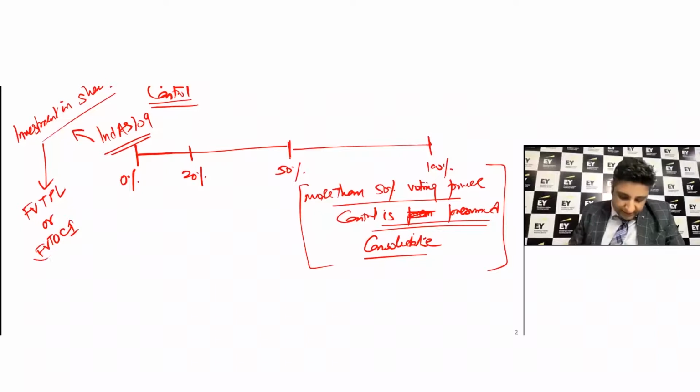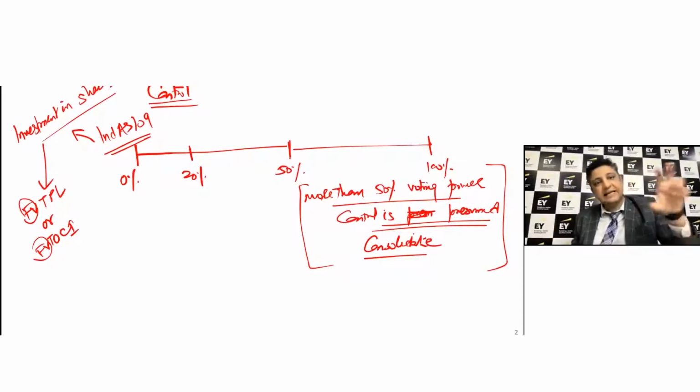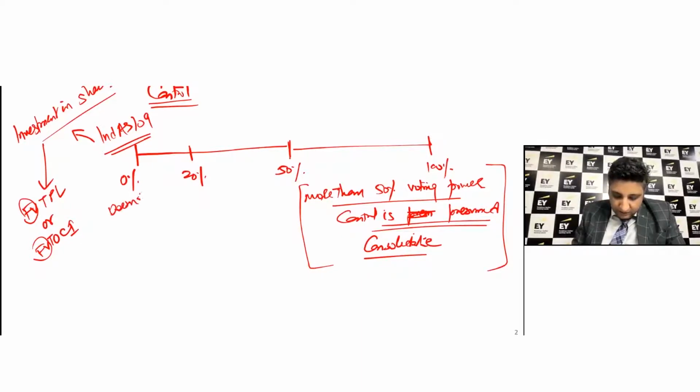So in this scenario, we said that the use of the fair value is done. Now, when do you do that? When that investment does not result in control or significant influence.